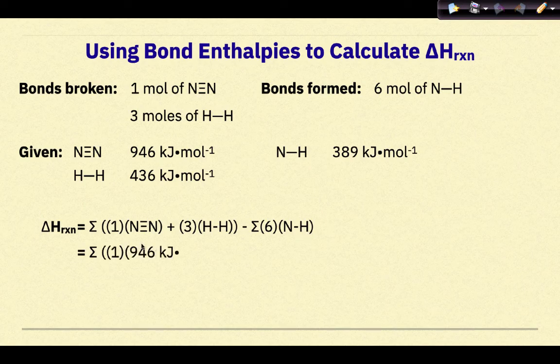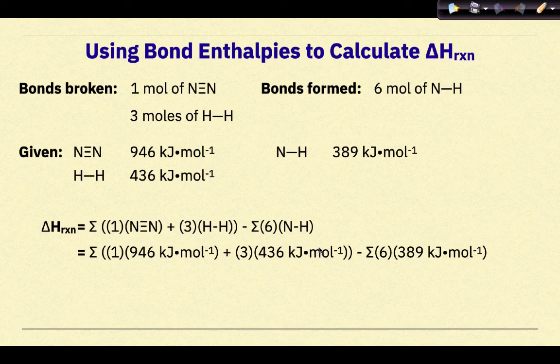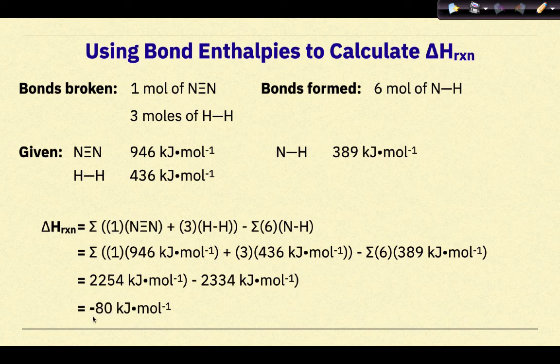So again, after we have this skeleton outlined, we are going to substitute in our values, and then we're going to calculate the amount of energy associated with bonds being broken versus bonds being formed to give us our overall delta H of reaction of negative 80 kilojoules per mole.